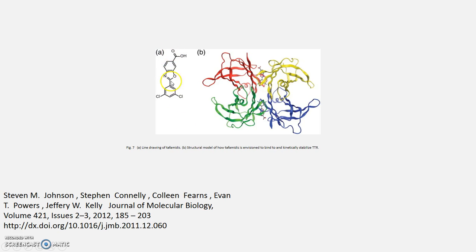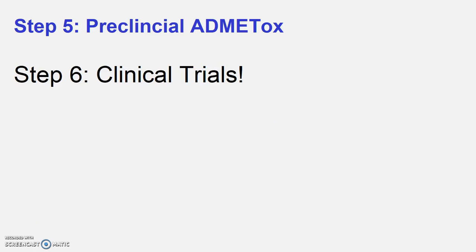And there it is, finally. This is tafamidis, excuse me, in its bound state, and it's been approved. I should say before it was approved, they had to do preclinical ADME-tox, put in a couple of animals, jumped through some hoops, went through phase 1, phase 2, and phase 3 clinical trials, and now it's approved in Europe, an academic lab that made a drug.